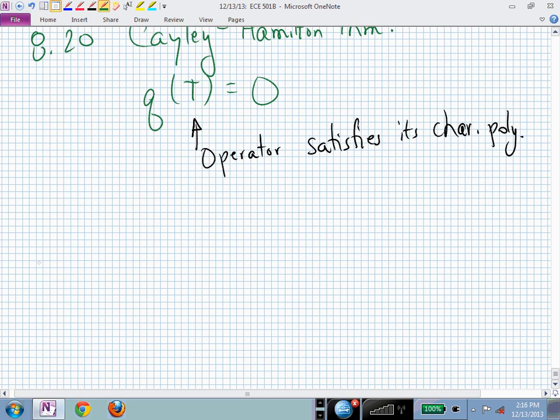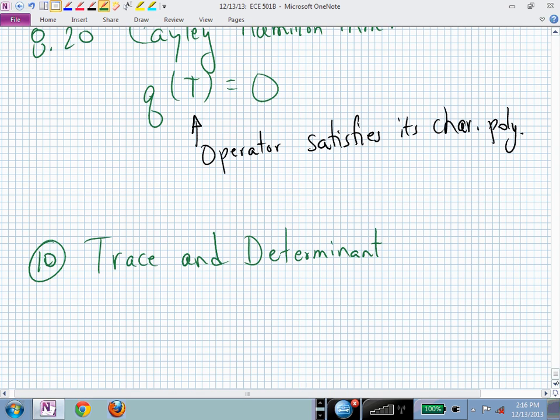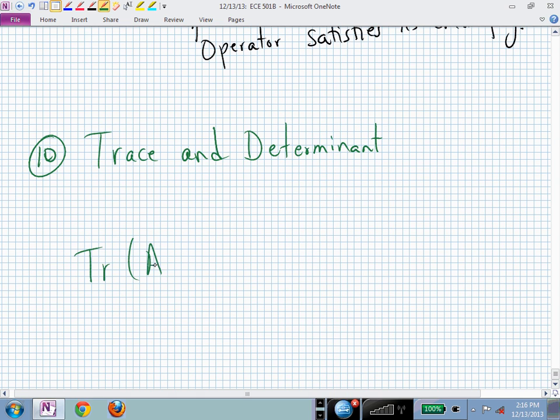But then we moved into chapter 10, which is the bottom of our inverted triangle, talking about the trace and the determinant. In particular, the trace of A is just the sum of the diagonal elements of that matrix. It really doesn't matter what basis A was written in for that linear map. It's still going to give you the sum of the eigenvalues of that matrix A. That's the trace.